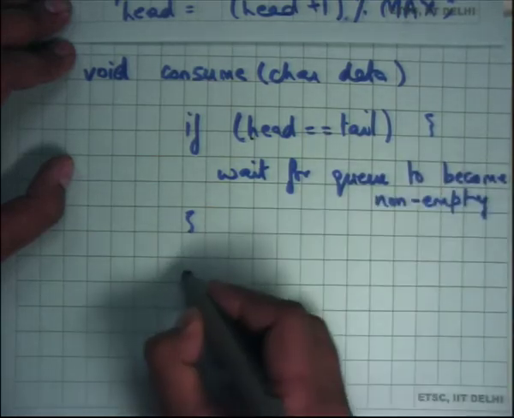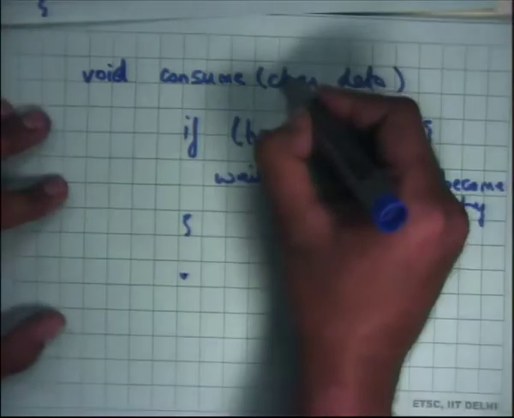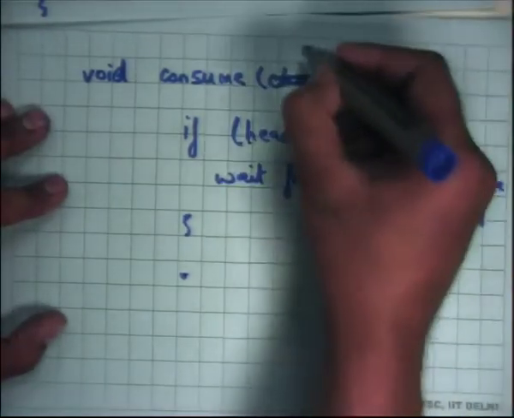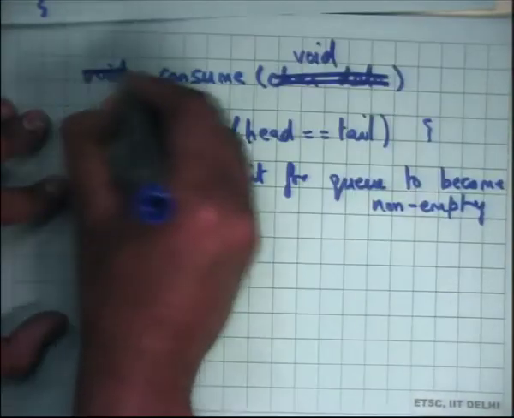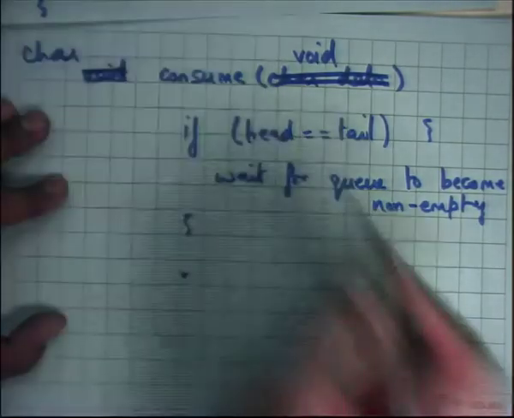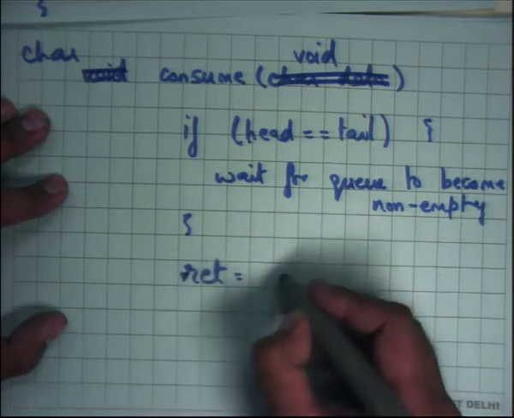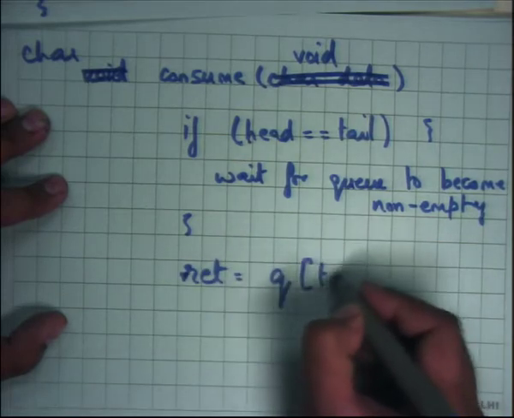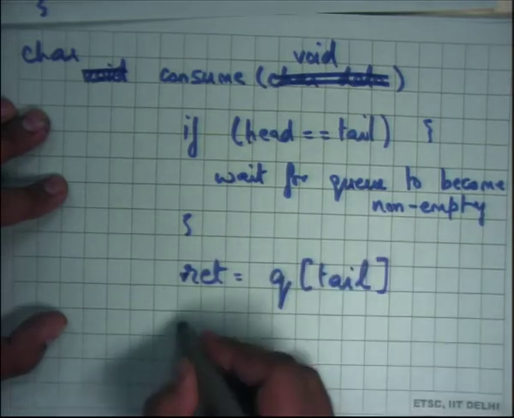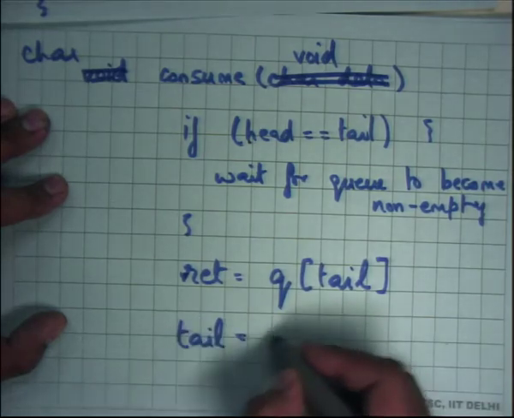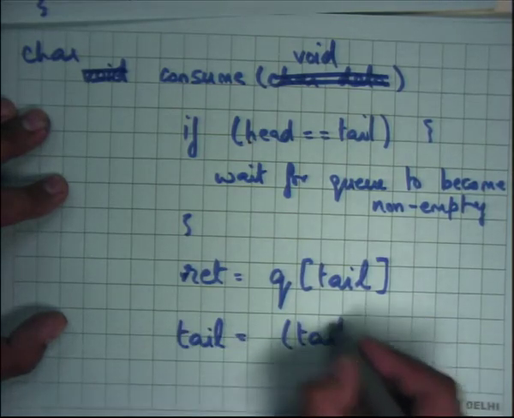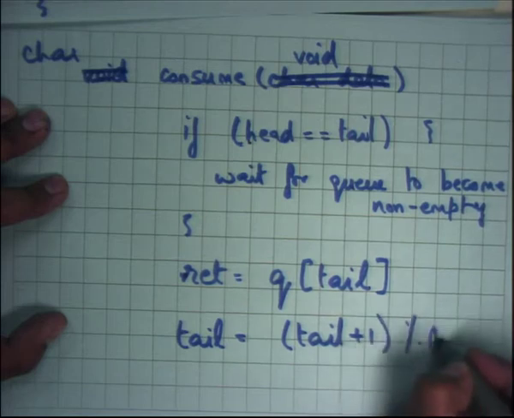Sorry, the consume has a void argument and returns a character. And you can say return value is equal to Q tail, and tail is equal to tail plus 1 mod max.